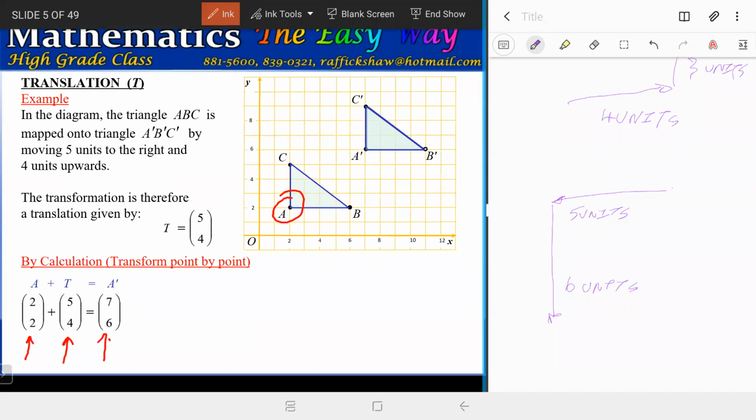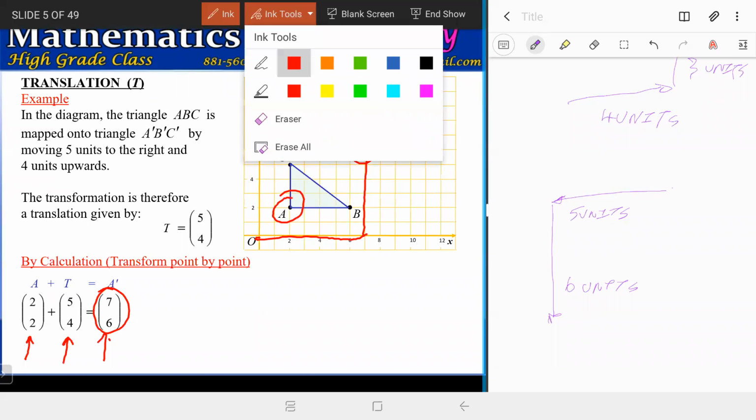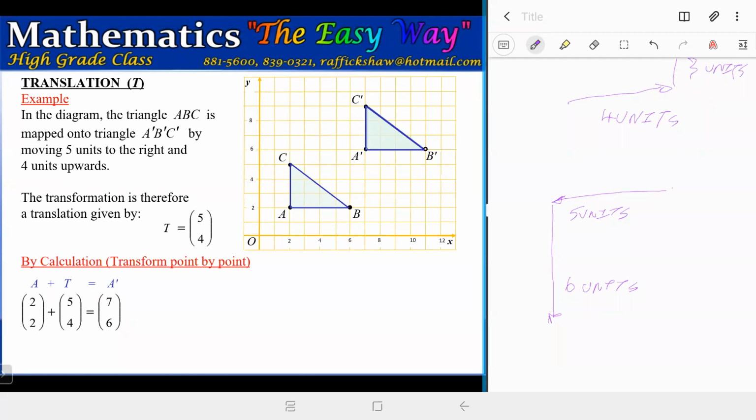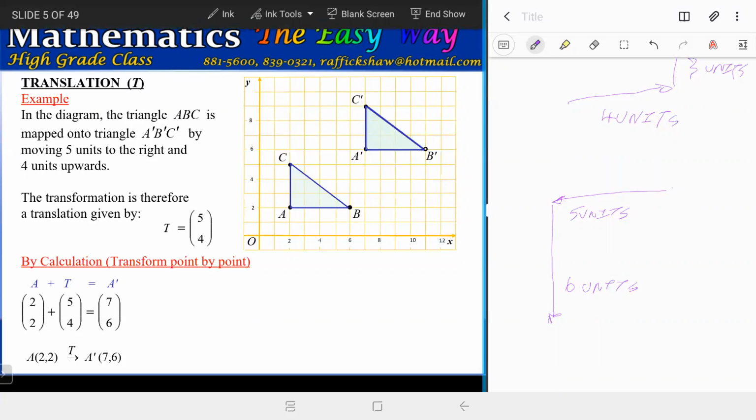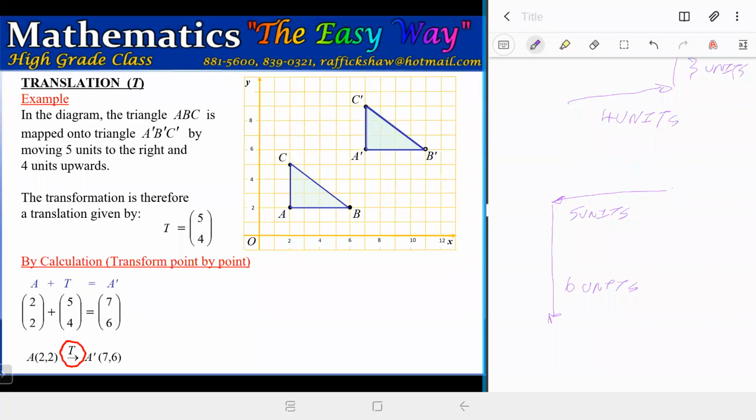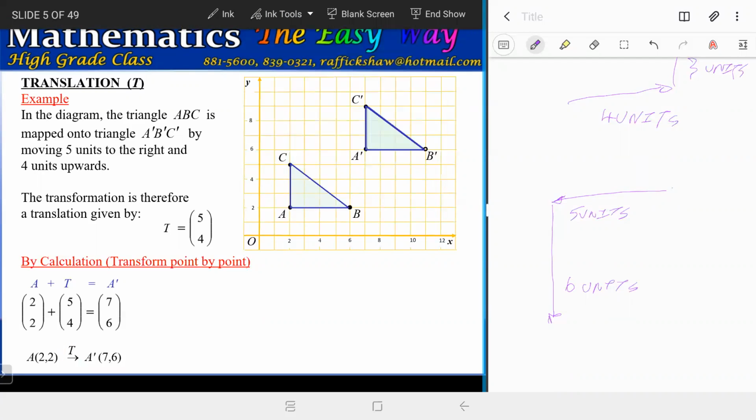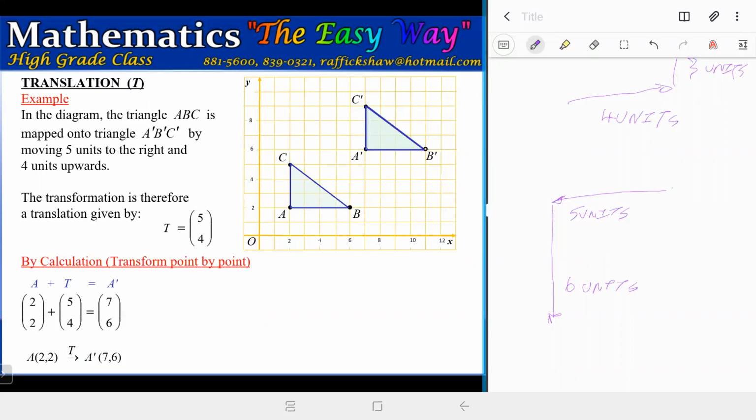And you can see that the coordinates of A prime right here is actually (7, 6). And then once you finish with the calculation, you can put on the points like that. So A (2, 2) is mapped by translation T onto the point A prime, which is (7, 6). And then it's the same calculation for B.